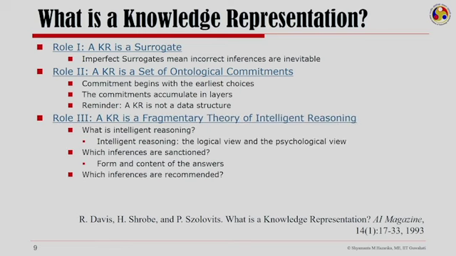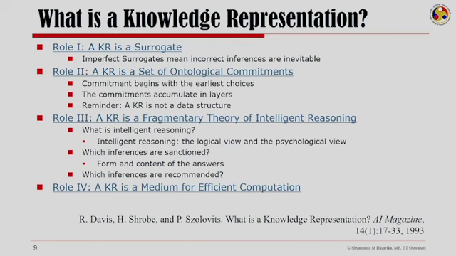The third role of knowledge representation is that of a fragmentary theory of intelligent reasoning. Now this brings us to the question of what is intelligent reasoning. I could take the logical view as well as the psychological view, but here we keep ourselves restricted to the logical view, and we will look at which inferences are sanctioned and which inferences are recommended.